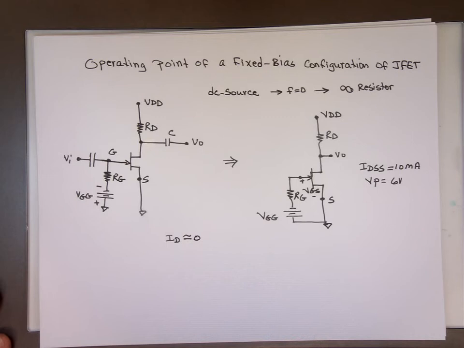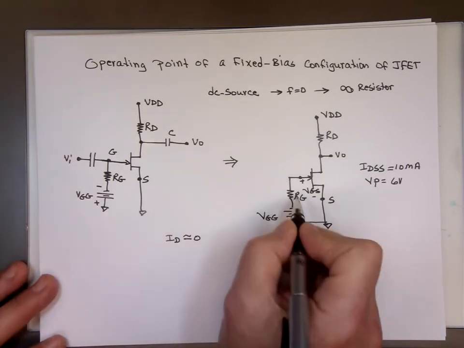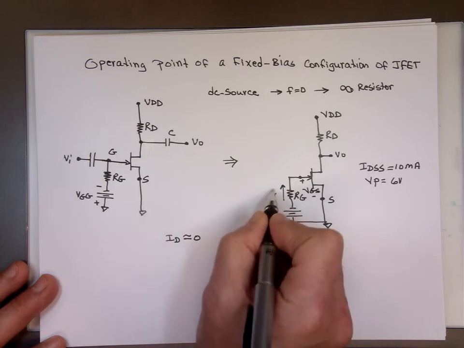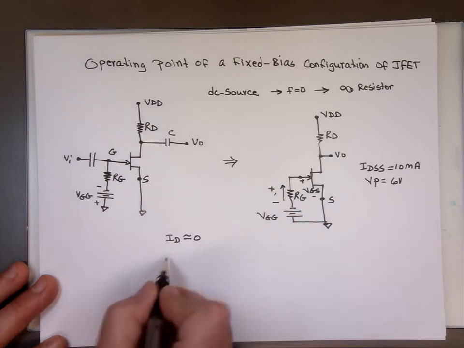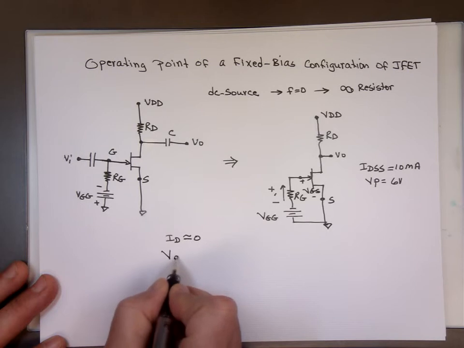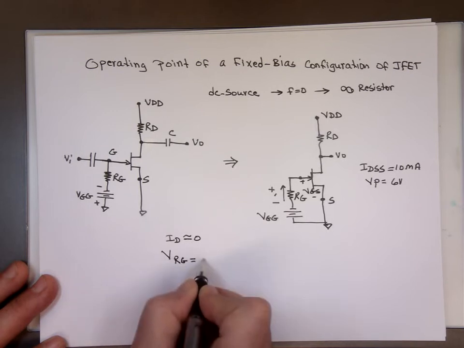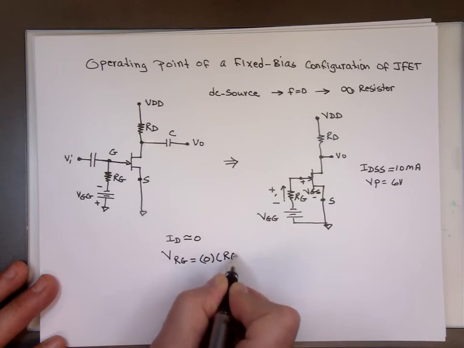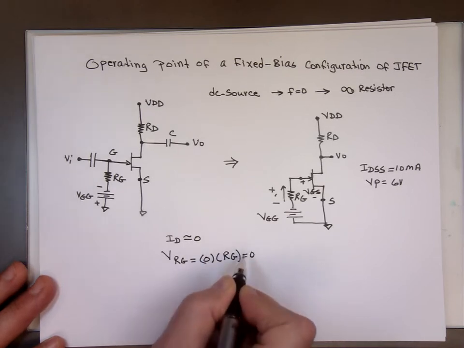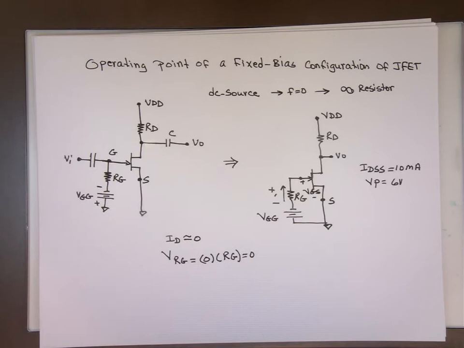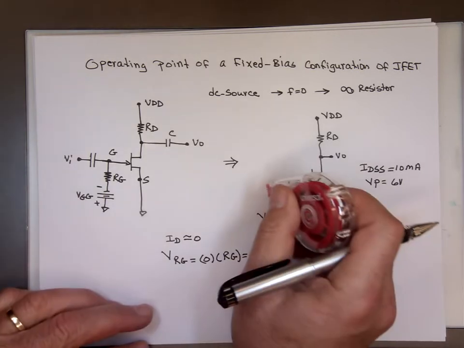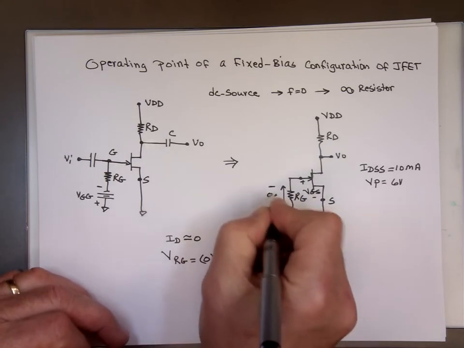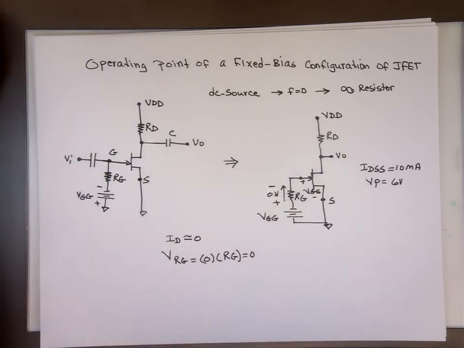If that's approximately 0, when we calculate the voltage drop across that resistor using Ohm's law, it's 0, that's the current, times the resistor, which is R sub G, and that will tell me that's 0 volts. I drew the plus minus backward here if the current is going upward. That's 0 volts.